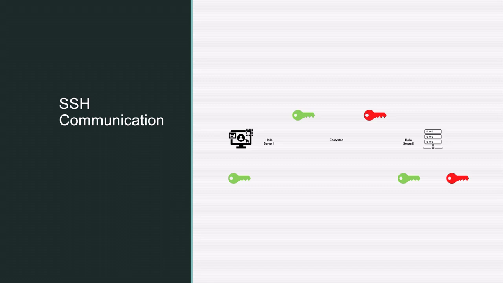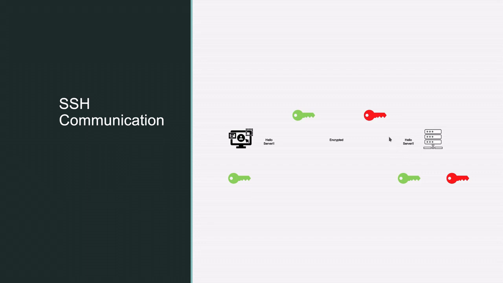The server which holds its public and private key shares its public key with the client. Now whenever the client is trying to send a message to the server, it will be encrypting its message using the public key of the server. Say the client sends a message like "hello server". It will encrypt this message using the public key of the server, and this encrypted message is sent to the server.